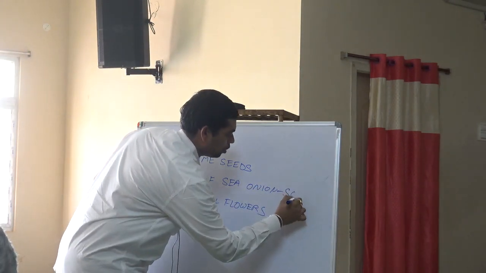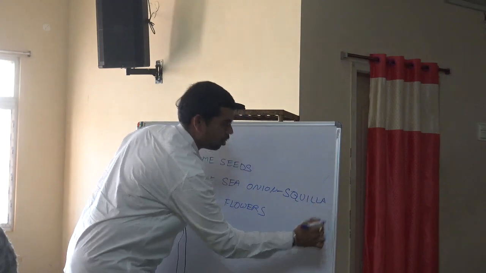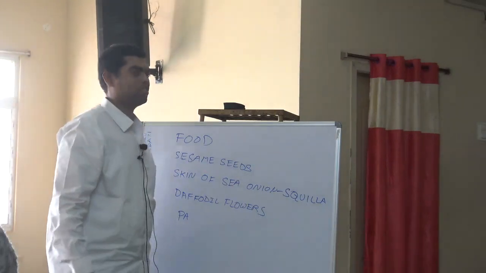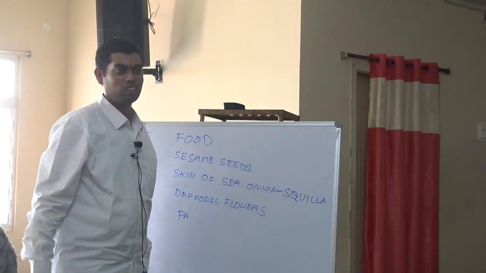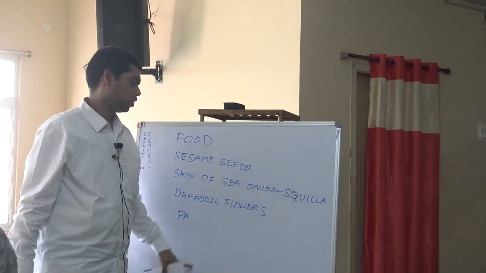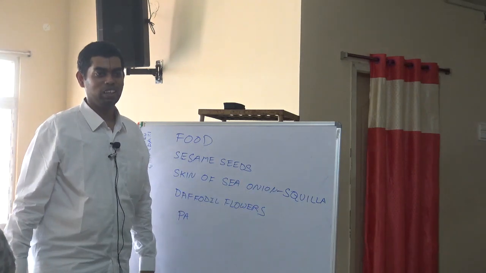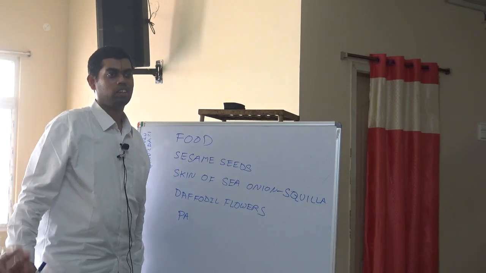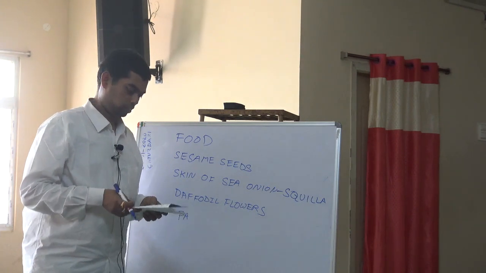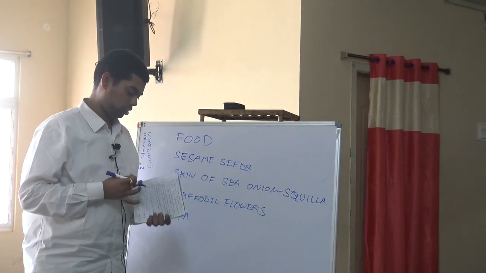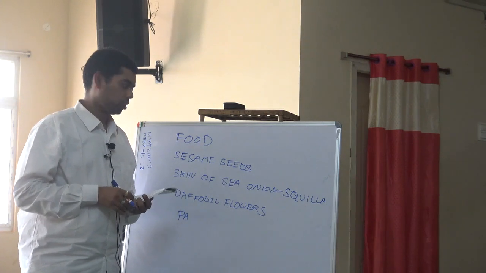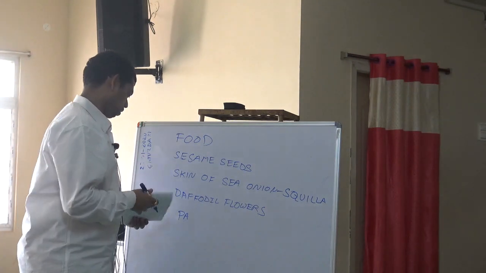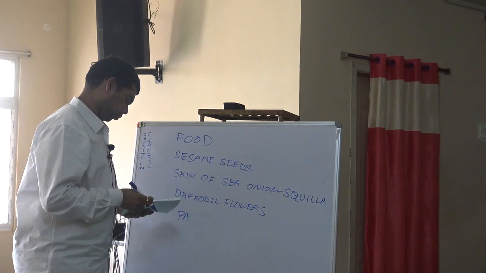There is a homeo medicine with this squilla. If you want a figure, you can see it on the internet. These plants are now also available. Daffodil is a kind of flower.